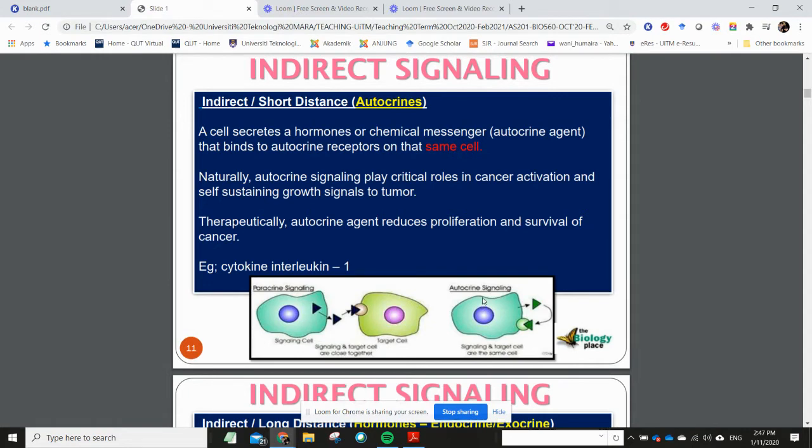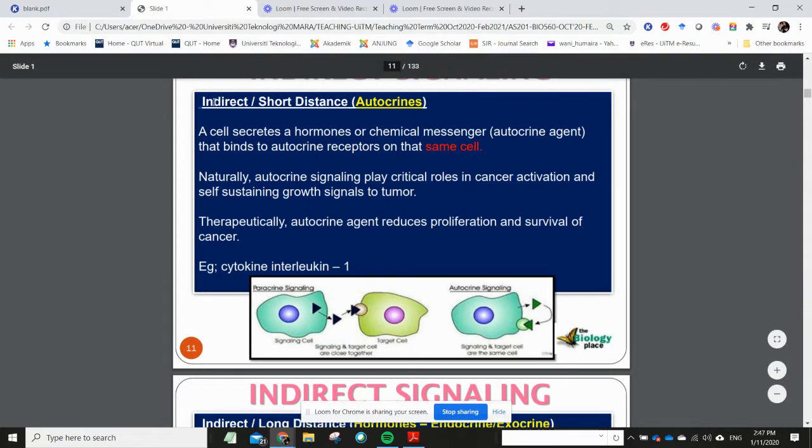Because although the same cell is interacting, cell 1 is the signaling cell and cell 1 is the target cell, this cell still produces or releases signal molecules or chemical messenger to cause effect to itself. So that's why it's considered indirect.